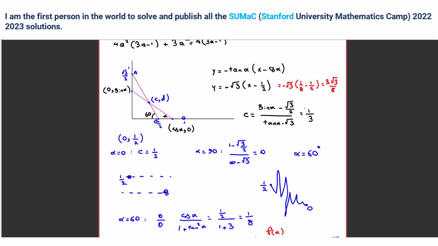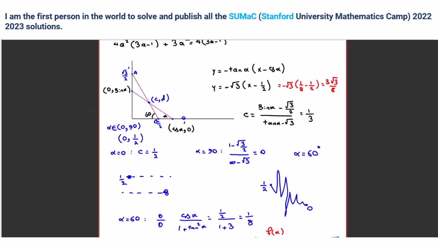When you calculate this, alpha starts from 0, and when you increase it, it goes to 90. So alpha belongs to 0 to 90, right? But the problem says we shouldn't consider this line, right?